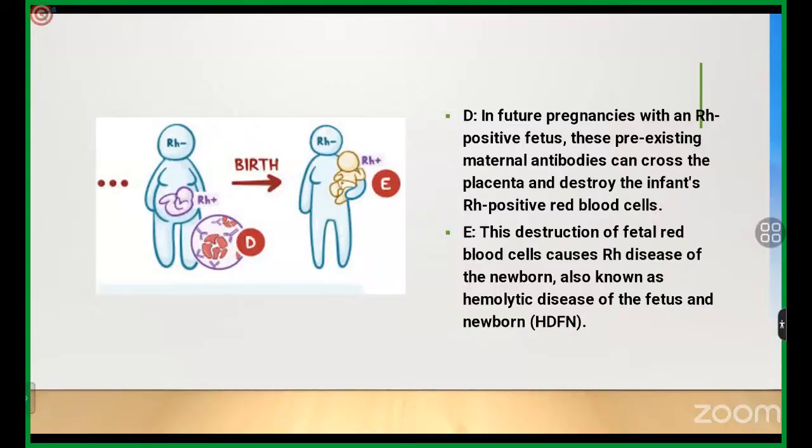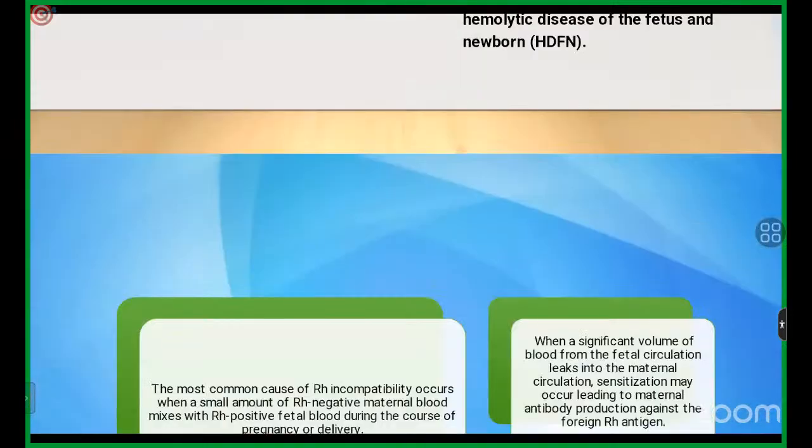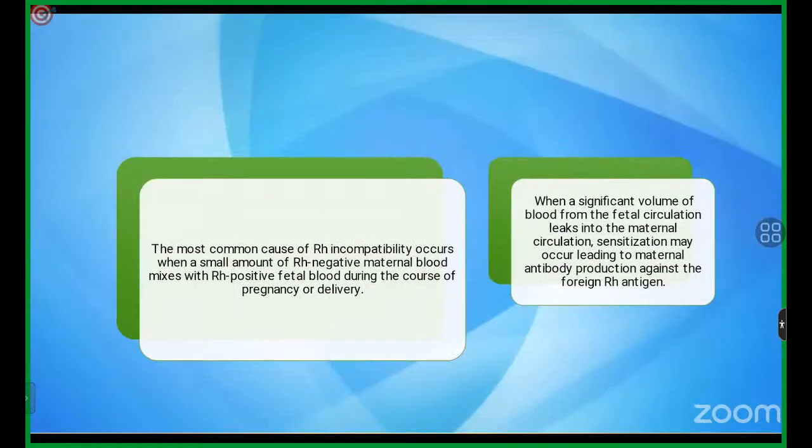This destruction of fetal red blood cells causes Rh disease of the newborn, known as hemolytic disease of the fetus and the newborn, as I've mentioned before. The most common cause of Rh incompatibility occurs when a small amount of Rh positive fetal blood mixes with Rh negative maternal blood during the course of pregnancy or delivery.